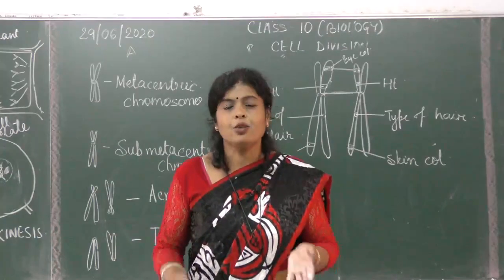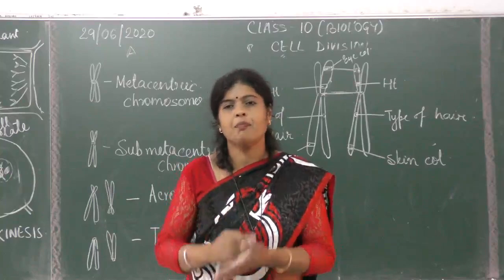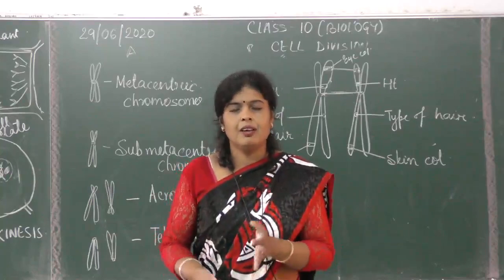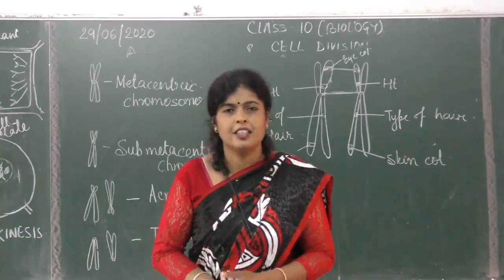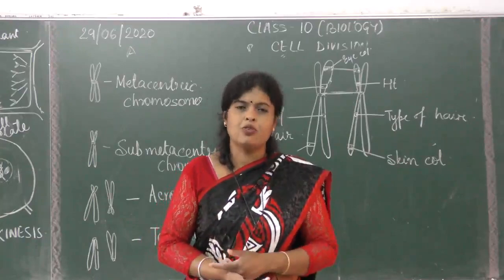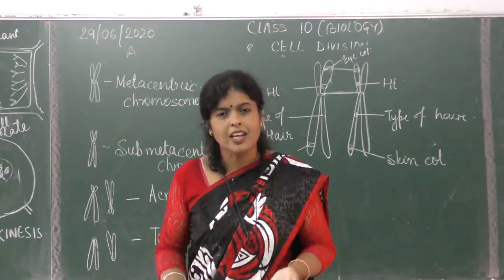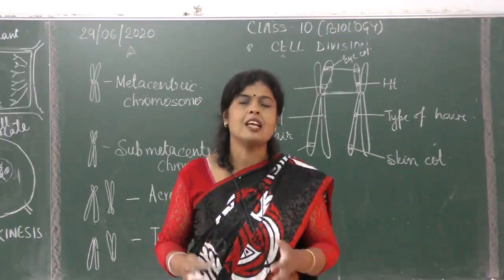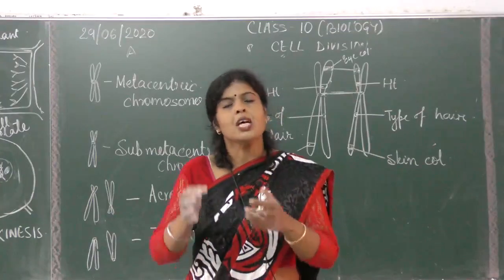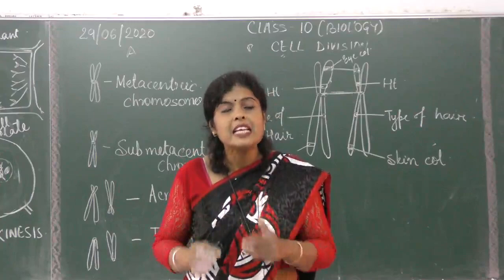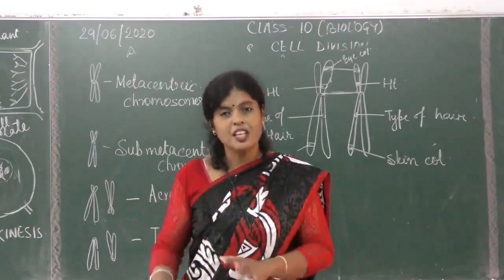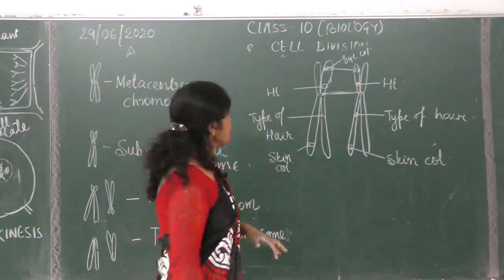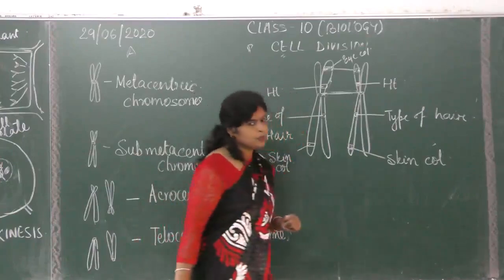Is it all right? But one thing, in senior classes you will be learning that there is more than one gene controlling these. Do not think that you are taught wrong. I am just giving you the examples which you have seen, which are visible, the variations you have seen. All right. Remember one thing.